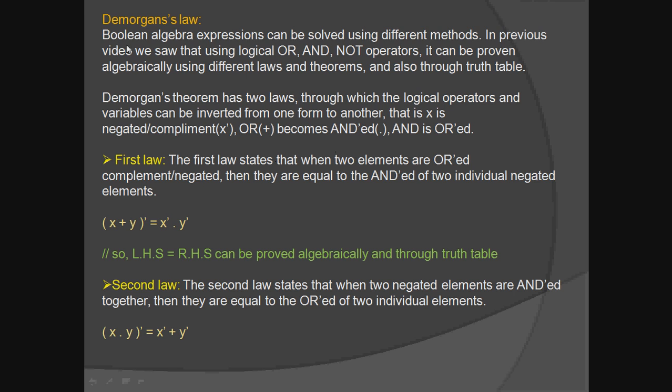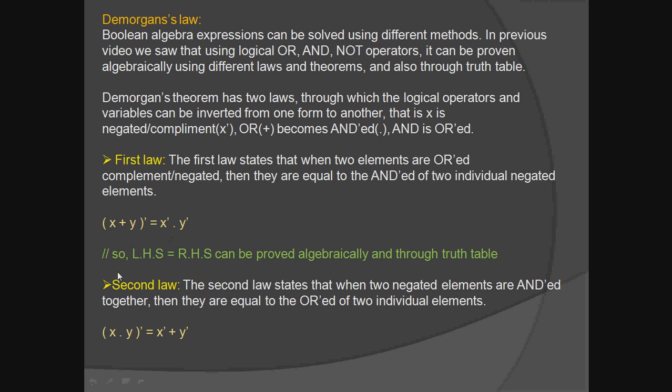So De Morgan's laws or theorem is actually proven using the different laws that we have already seen in the previous videos, that is the inverse law, idempotent law, distributive law, like that.